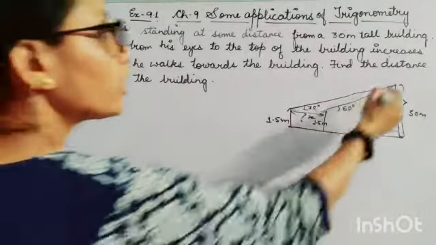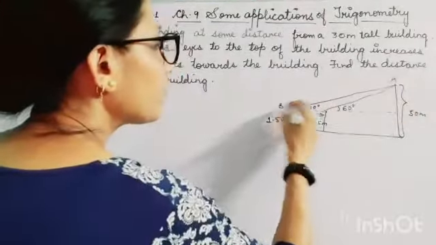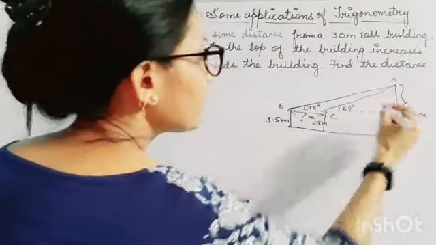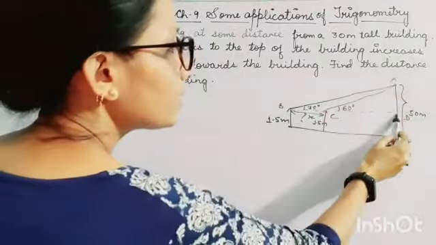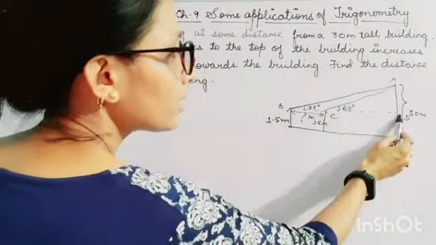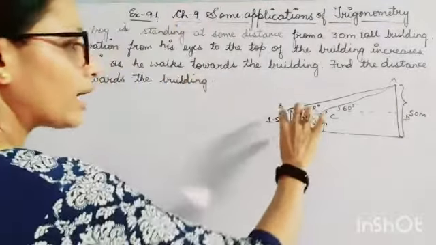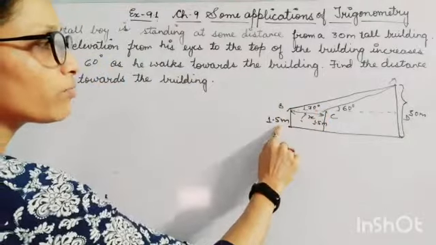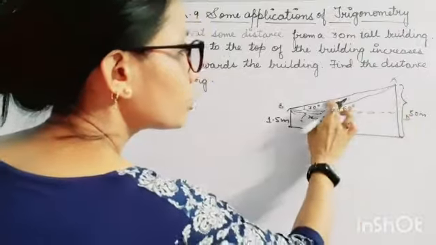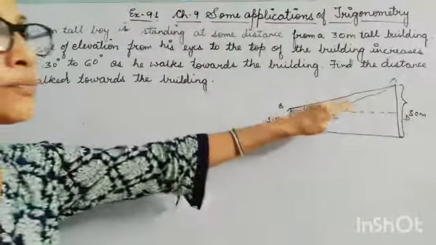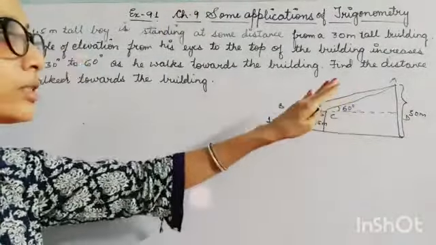Now let this triangle be A, B, C and D. Which two triangles do I have to take? I have to take ABD and ACD, because the height of the boy is 1.5 meters, so I have made the horizontal line here only. The two right angles are forming here.